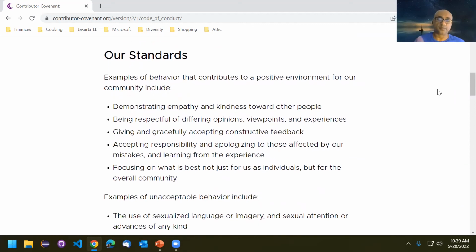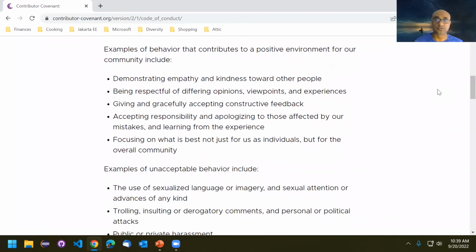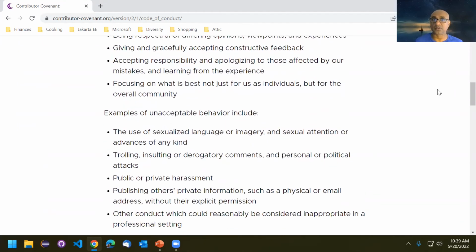Demonstrating empathy and kindness towards other people, being respectful of different opinions, giving and receiving constructive feedback, not just destructive feedback, but constructive feedback. Accepting responsibility when you've made a mistake. Focusing on what is best for the overall community, not just for individuals.